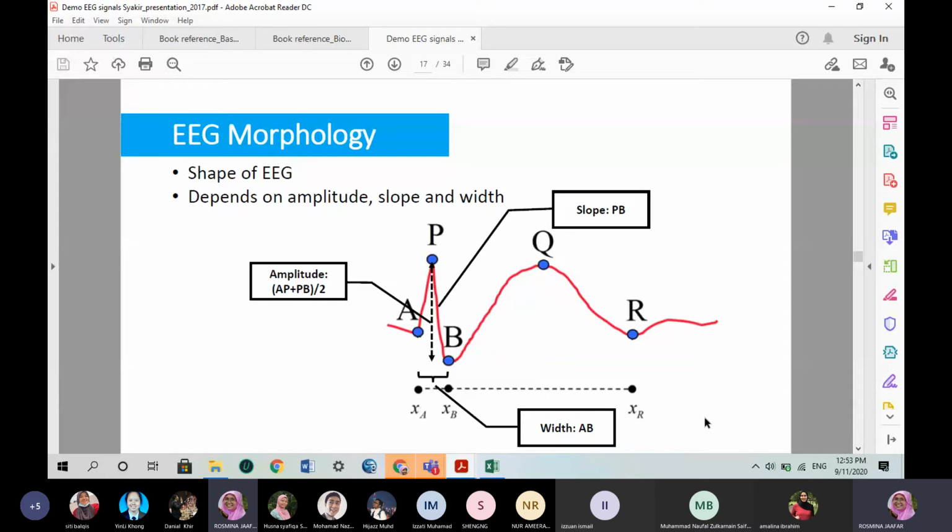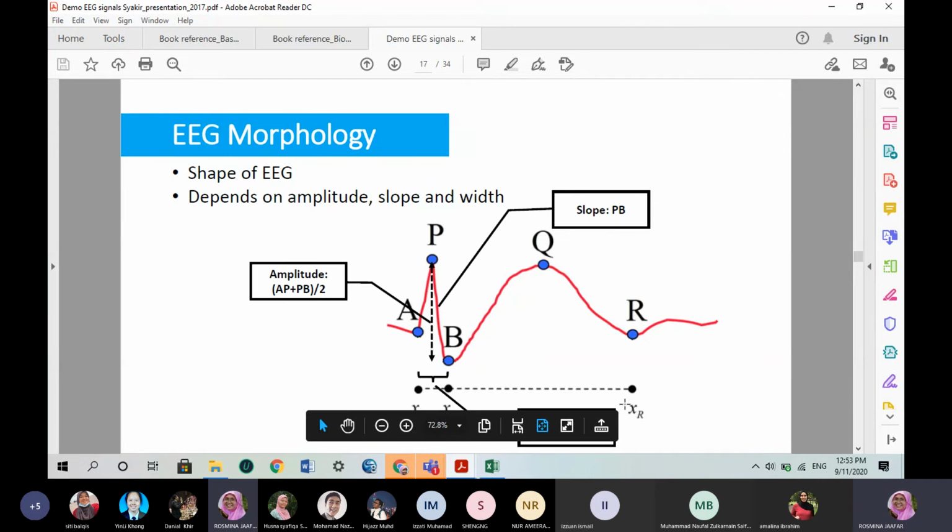Shape of EEG: the signal of interest for Shakir's work is epileptiform. Epileptiform is simply the discharge that is present in the EEG sequence.